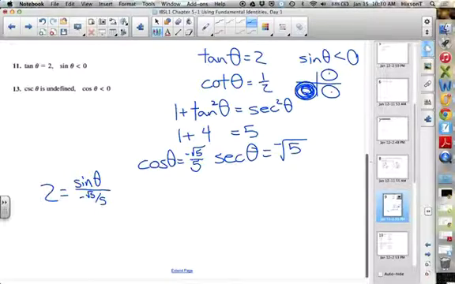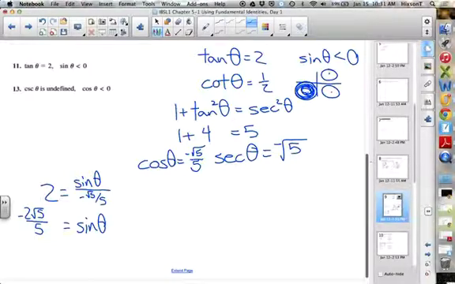Okay, so 2 times negative root 5 over 5. Yeah, so sine, we just multiply both sides by that cosine, so it's a negative 2 root 5 over 5. Okay? Oh wait, no, negative 10 root 5 over 5?